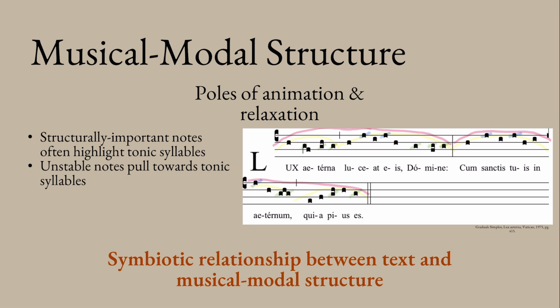And then on sanctis tuis, you've got this do, ti, do, la, ti, do business going on. So really, it's unstable. And we get this idea of a pole of relaxation around aeterna, domine, aeternum right there, and then pius es. This characterizes all types of Gregorian chant.